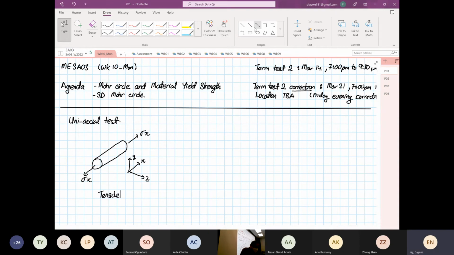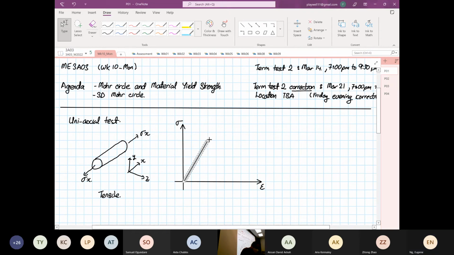Then from here, we plot a graph, which you guys are all very familiar with. So you have stress and strain. In this first section, as you all know, it will be linear. And then you will see something like this.